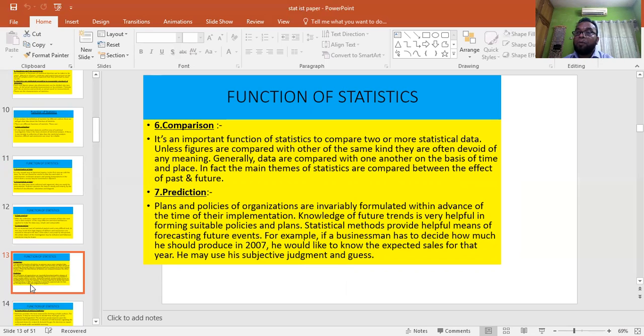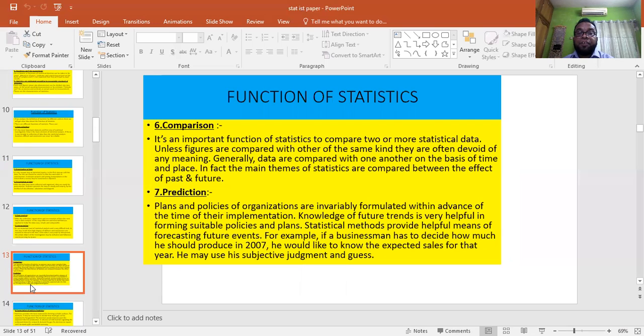What will be the production of next year of that company, what will be the production in 2030? If they plan for the future, then prediction is very important for the future plan of a company, government, or any other organization. Prediction is a function of statistics.